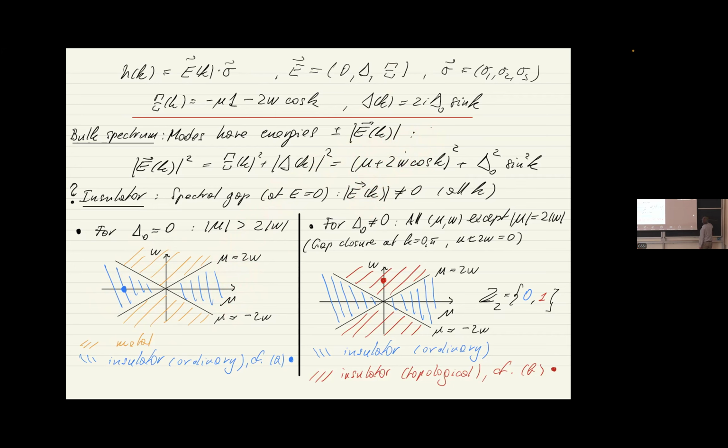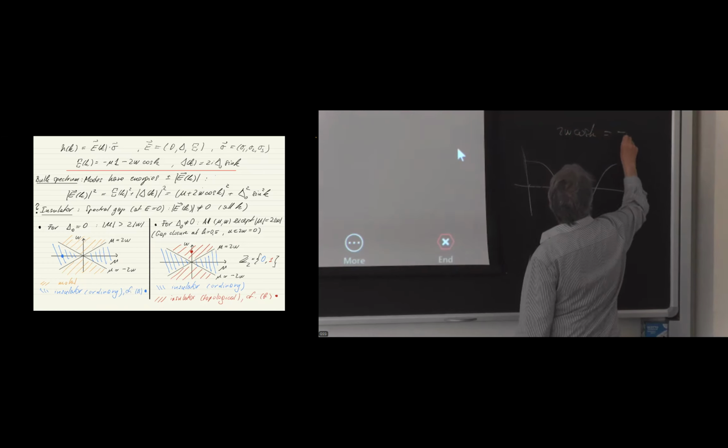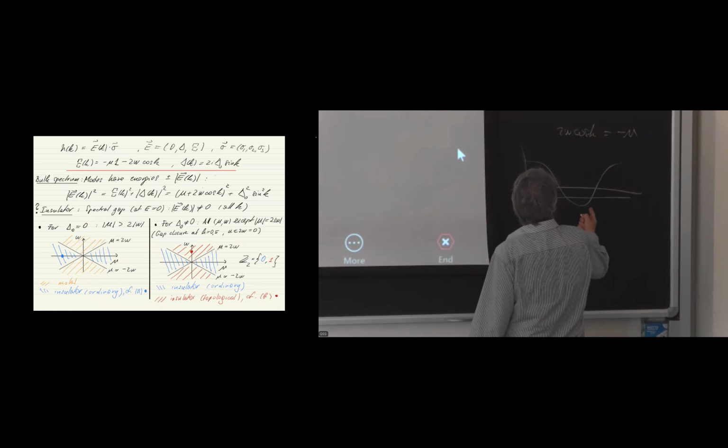So here is the cosine, right? And then you ask whether w times the cosine of k is equal to minus mu. So here is minus mu, and if it's like this, you have an intersection. But if minus mu is like that, you have no intersection.